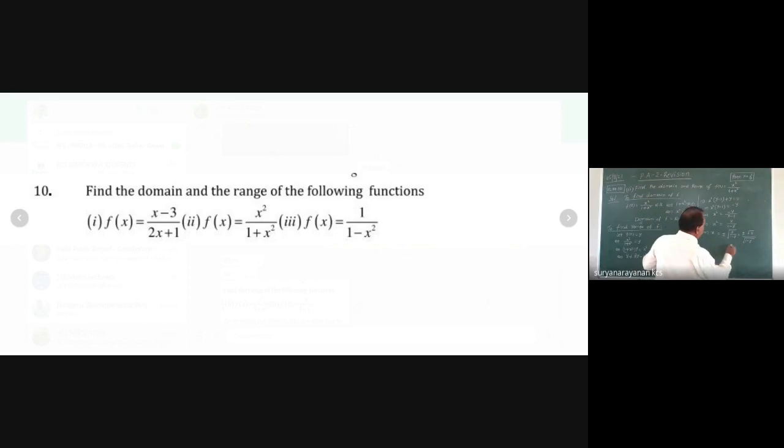So 1 minus y greater than 0, y minus 1 less than 0, y less than 1. Y values are less than 1. Y values are nothing but the range of the function f. Range of the function f is always less than 1. But here x square by 1 plus x square, these are all positive real numbers.